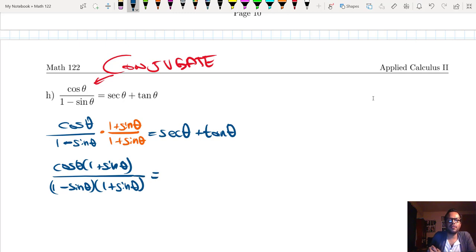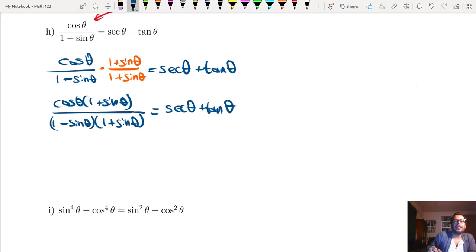That equals secant tangent. Again, keep in mind this form, a minus b, a plus b. We have done it a few times already. This is like the third, I think. So in the numerator, I'm going to distribute the cosine.